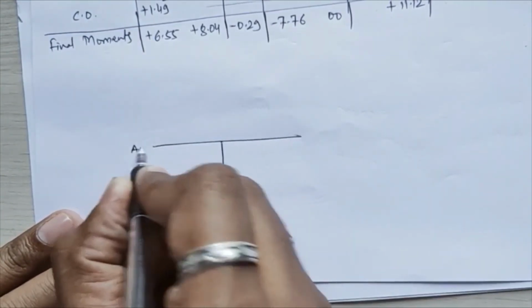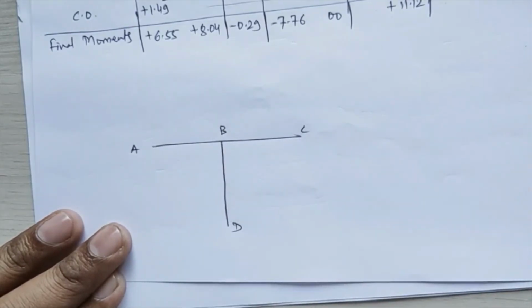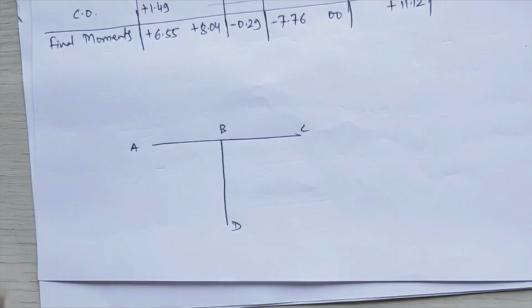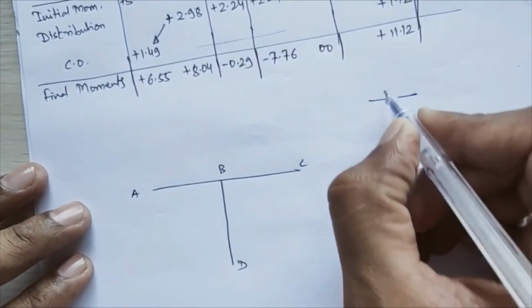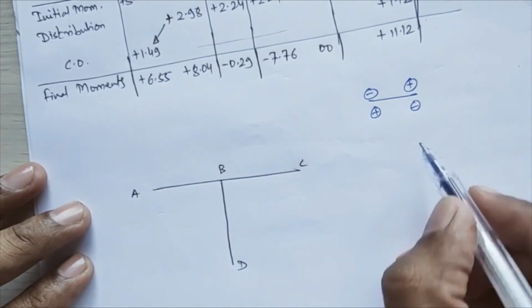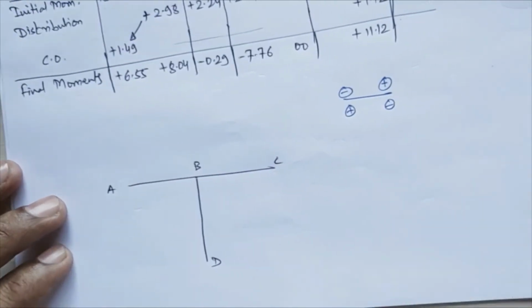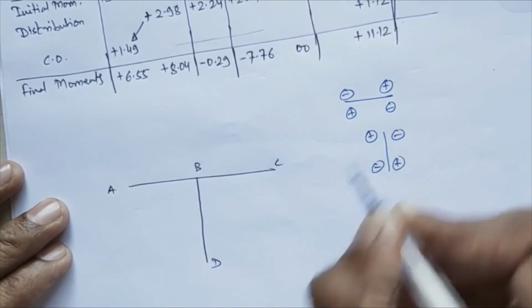So these are my members A, B, C and D, with the joints marked here. Now I'll plot the moments. Our sign convention for horizontal members is negative, positive, positive and negative, and for vertical members we treat the sign convention as negative, positive, positive and again negative.